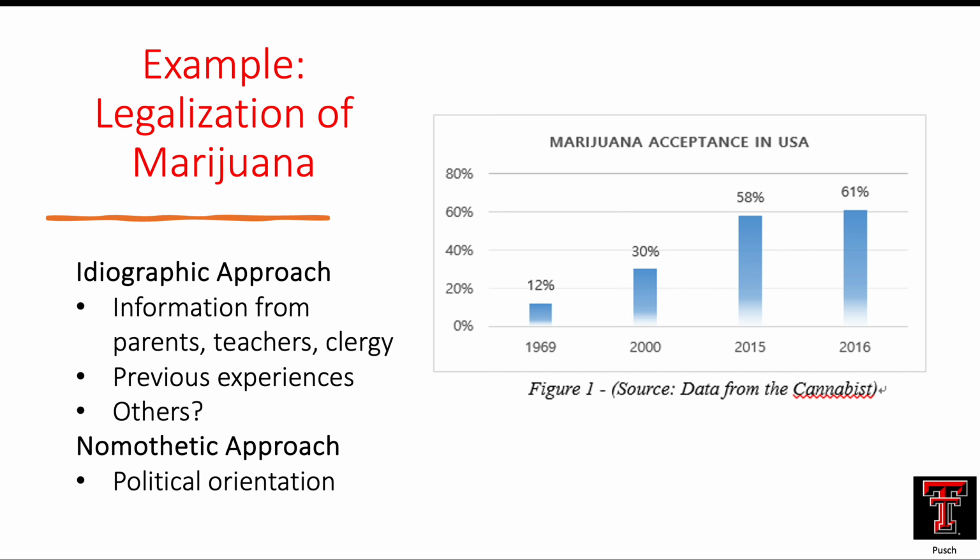Whereas with a nomothetic approach, instead of looking at why one particular person accepts the legalization of marijuana, we might just boil it down to one factor, and that might be political orientation, because it's found that conservatives generally do not support legalization, while liberals generally do. Again, it doesn't account for all the differences, but if we wanted to pick one factor that might explain why people accept marijuana, we might look at political orientation.